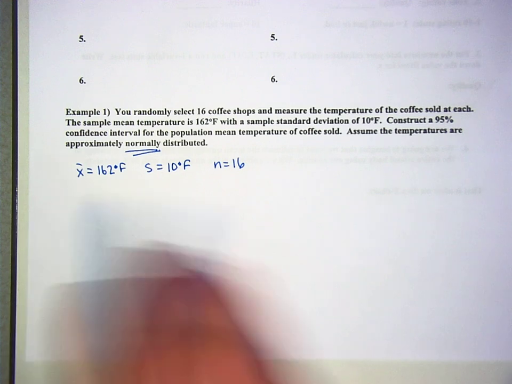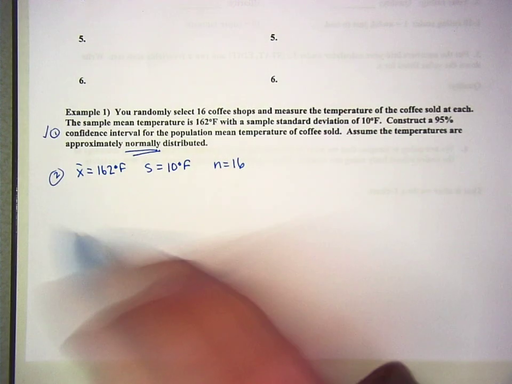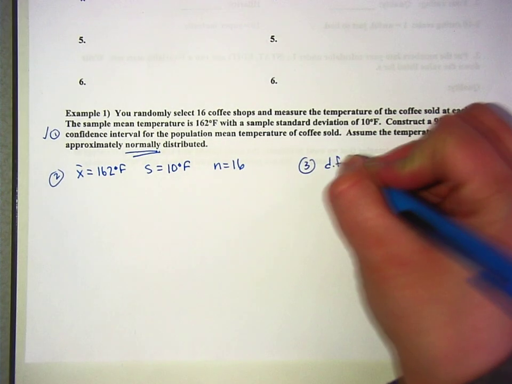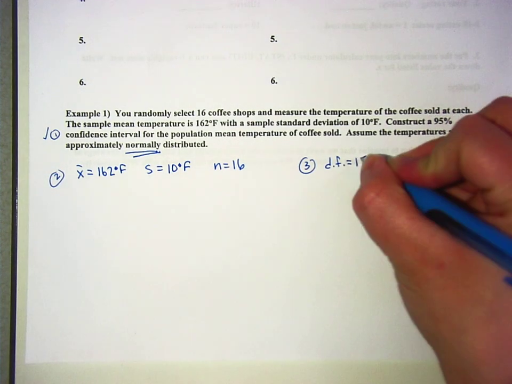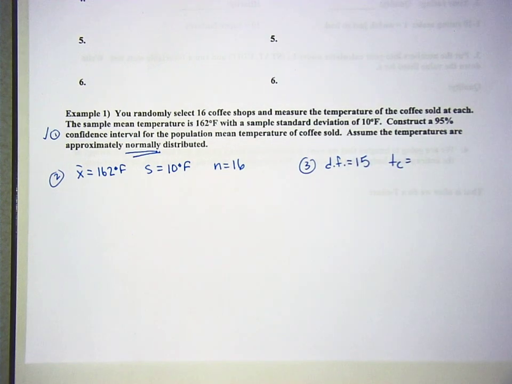Number 2, we have all of the things we need. So 1 was up here, good enough. 2 is right there. 3, degree of freedom for this one. What's the degree of freedom? 15, n minus 1. And the t sub c. So now what you're going to do is you're going to go to this chart.